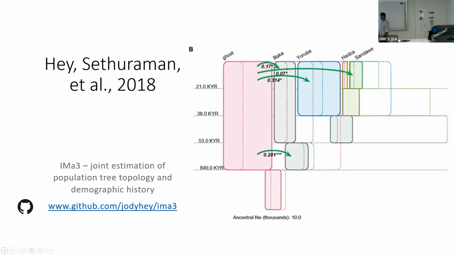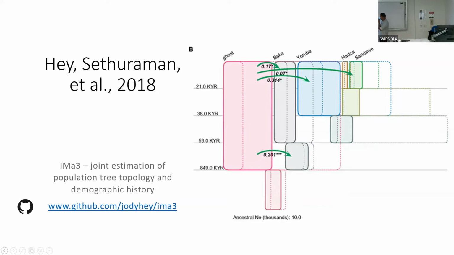So relatively recent. But the width of these boxes represents the sizes of these populations. This ghost population, this now potentially extinct population, was very large. But if you look at the size of the Hadza population, it's very small.